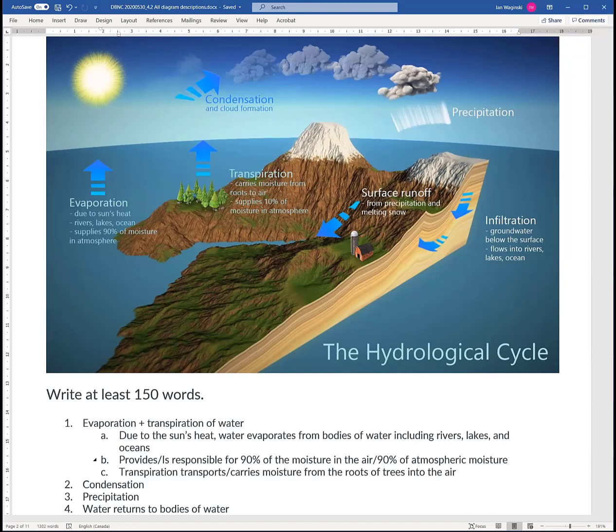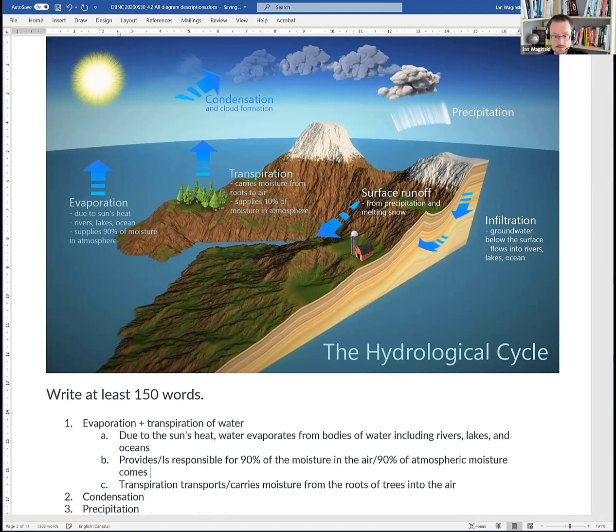We say here comes from evaporation. You could, if you don't want to use this verb, provides, say 90% of atmospheric moisture. You can say comes from. Or I thought when we wrote the sentence, this amount of evaporated water accounts for 90% of moisture. Okay.